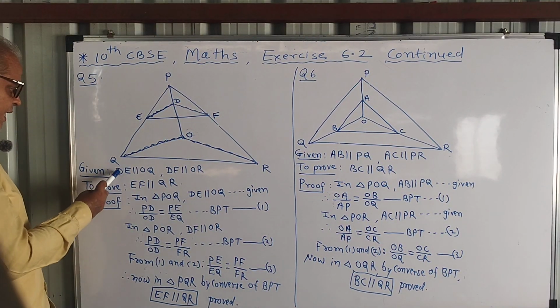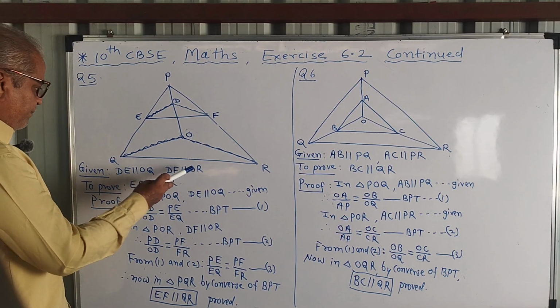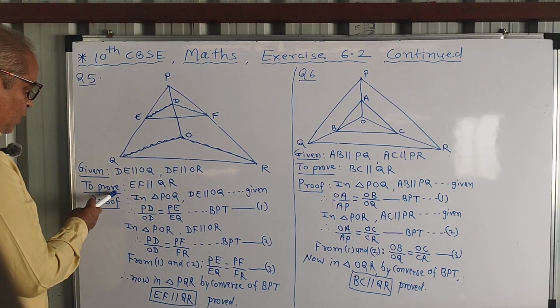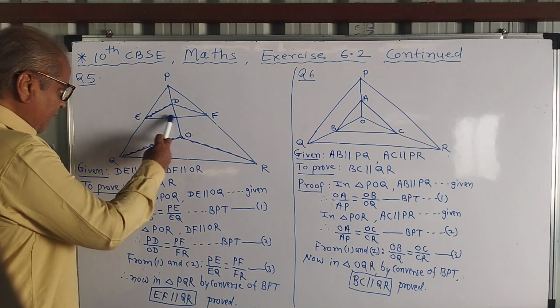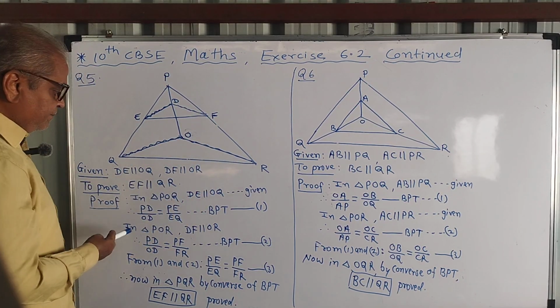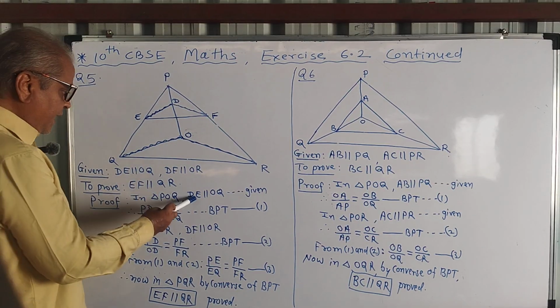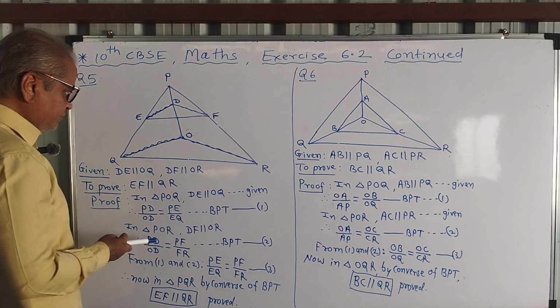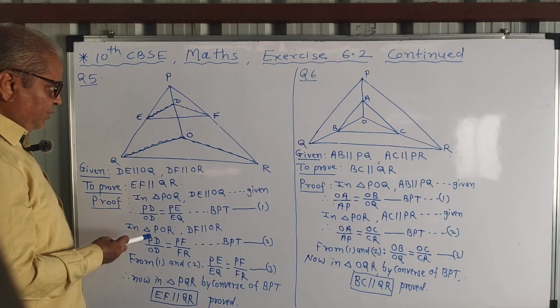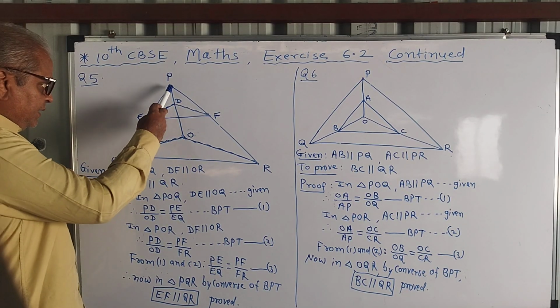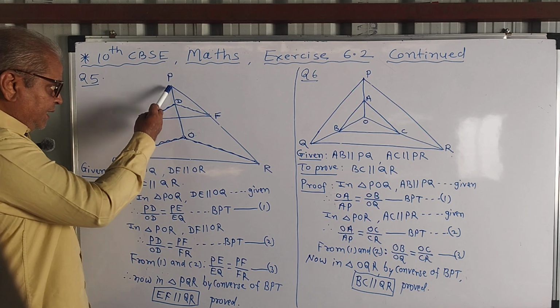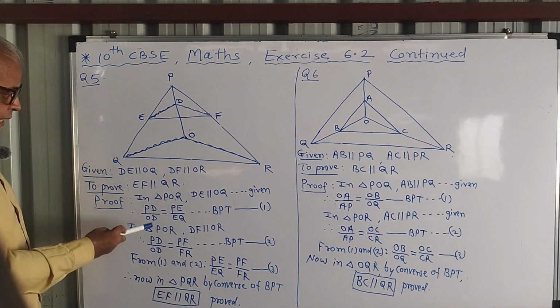See, given DE parallel to OQ and DF parallel to OR, I need to prove EF, that is this line, is parallel to QR. First, in triangle POQ, DE is parallel to OQ, it is given. Now if you use BPT, PD upon DO is equal to PE upon EQ.